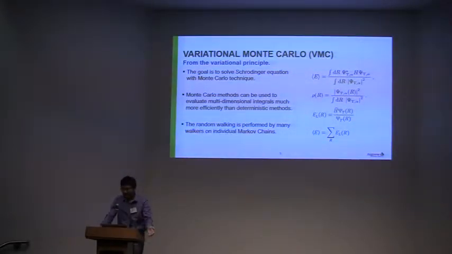Instead of the traditional methods, like quantum chemistry or density functional methods, we do it stochastically. Instead of doing the integral directly, we sample the space using Monte Carlo techniques and sum up all the samples we collect, and you get an energy with an error bar.